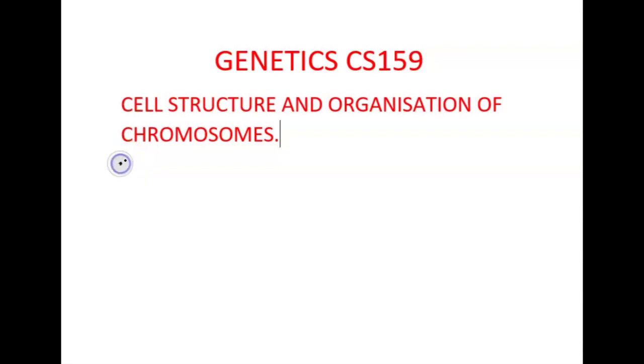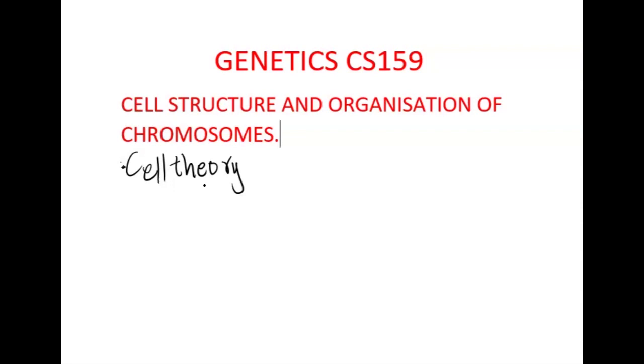The first one, cell theory. The cell theory is a theory that says that living organisms are made up of cells that are the basic unit of life, and that all cells come from pre-existing cells.